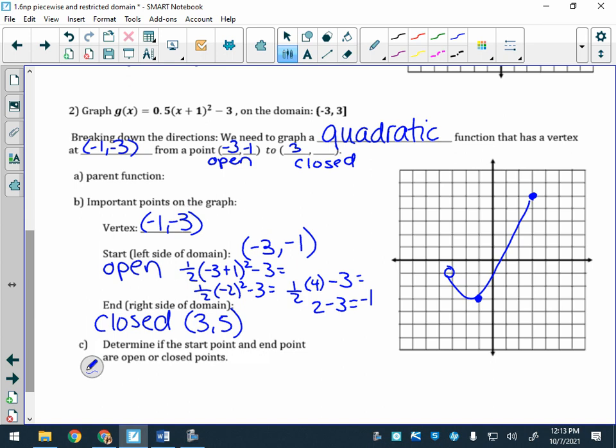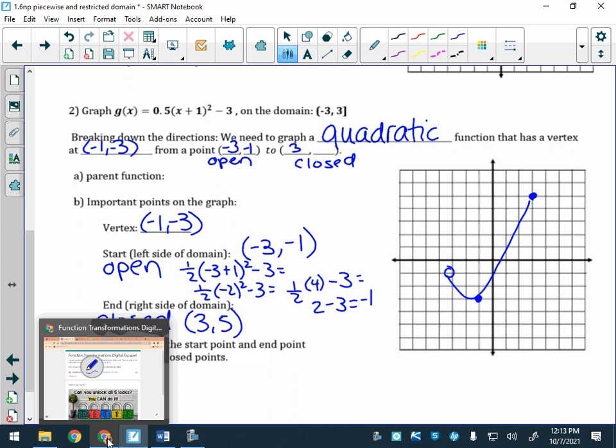I did a rough sketch because of time, right? So again, this is just getting familiar with restricted domain. I want you to try 3 and 4.